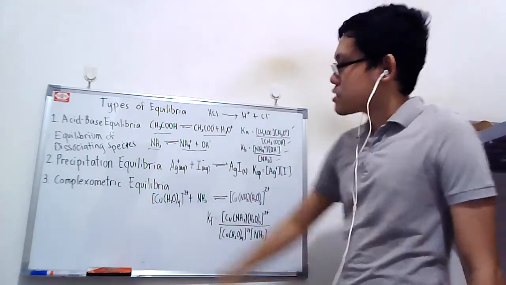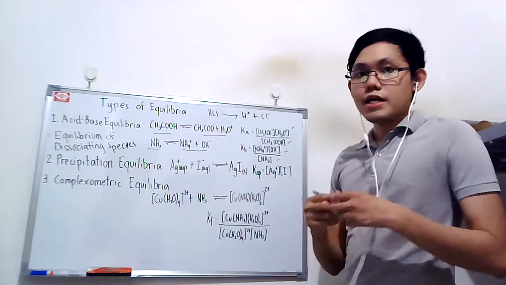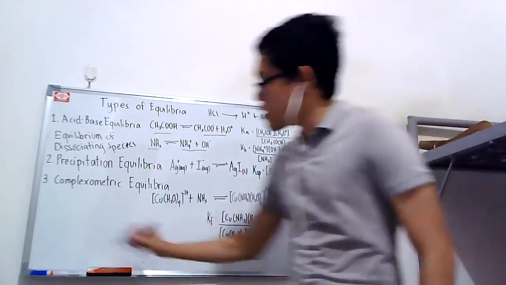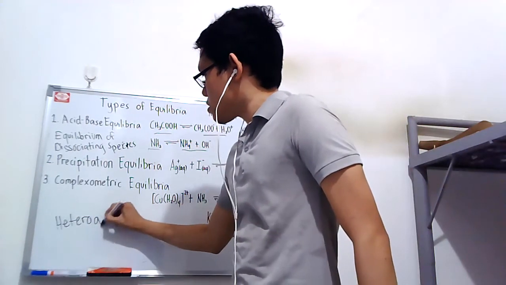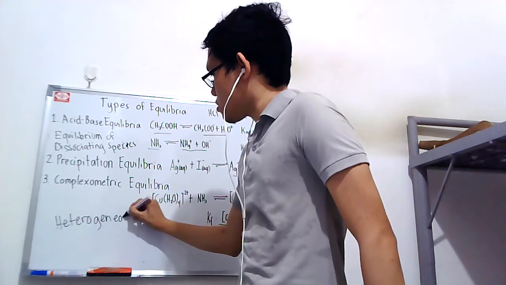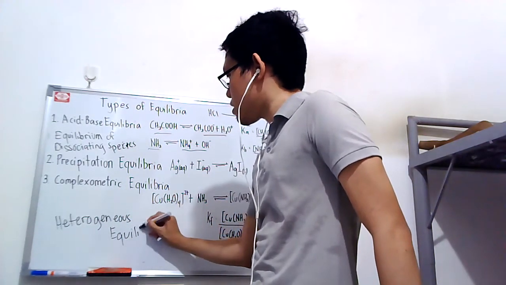So, next is the precipitation equilibria. Itong precipitation equilibria is an example of heterogeneous equilibria.